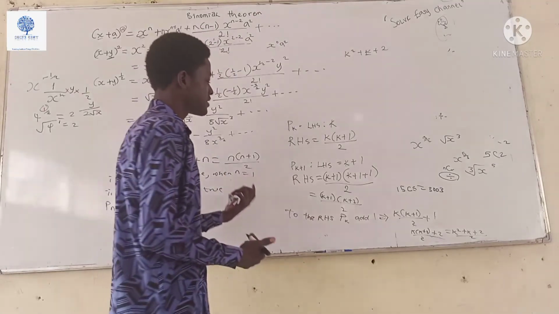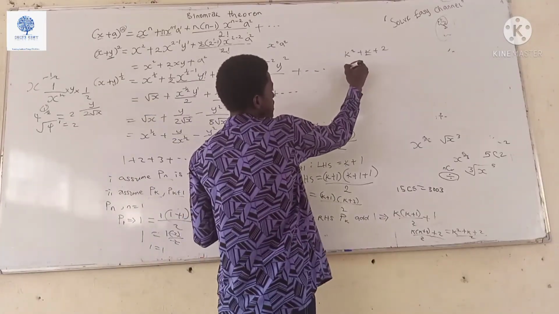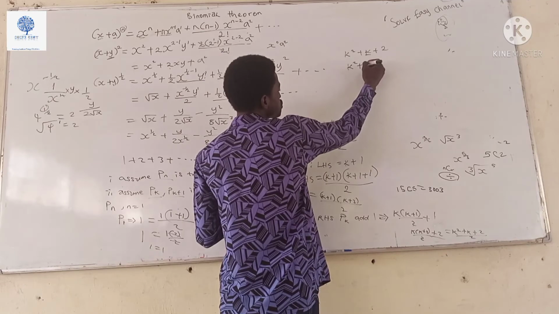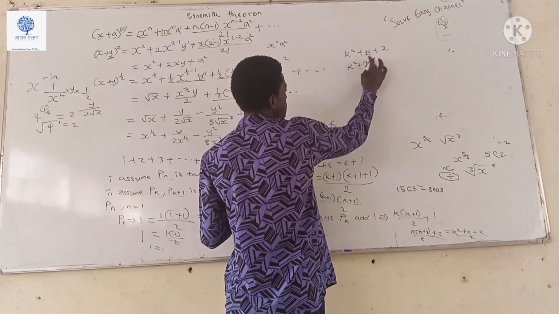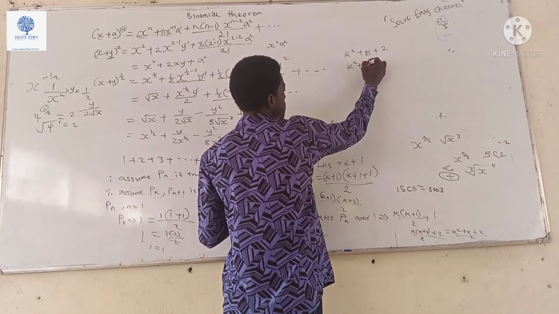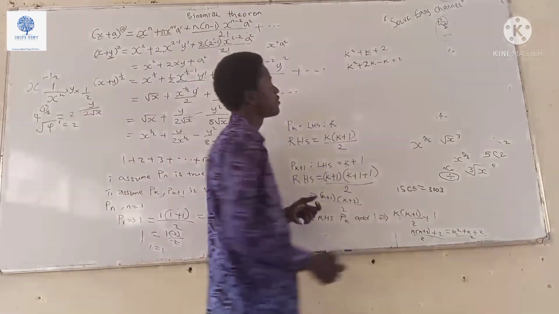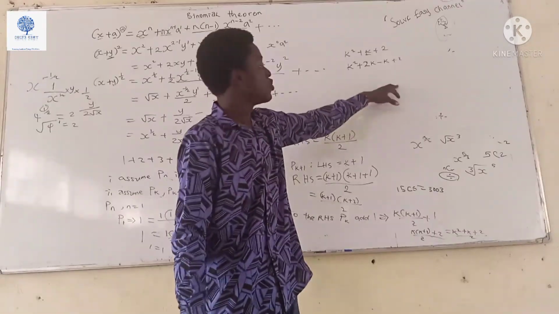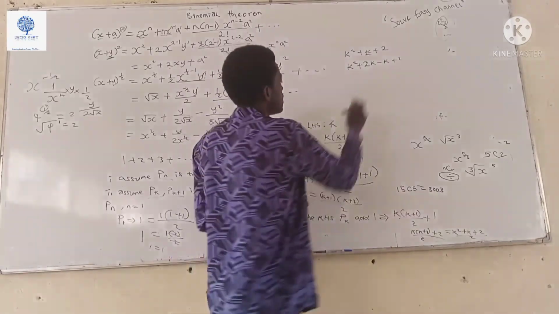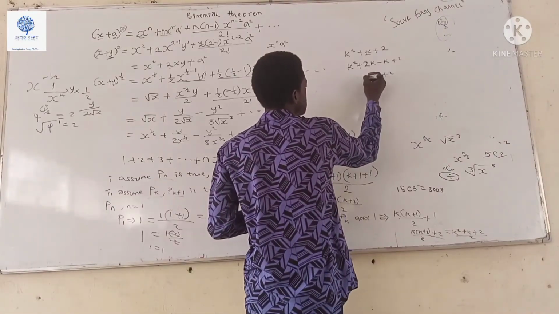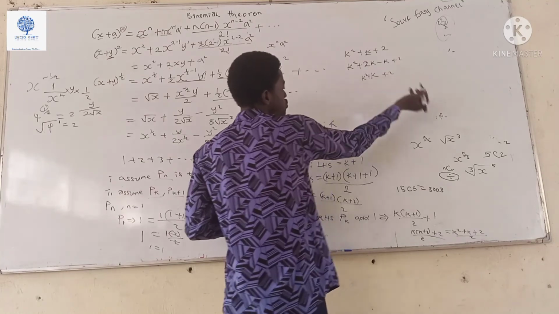The only way we could do that is by saying this gives us k squared plus 2k minus k plus 2. This is actually wrong because it will be impossible. 2k minus k will give you k. We agree that k squared plus k plus 2.